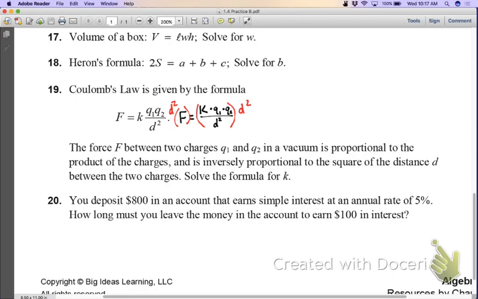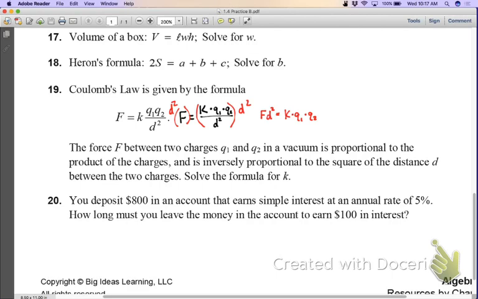So I have F D squared equals K times Q sub 1 times Q sub 2.